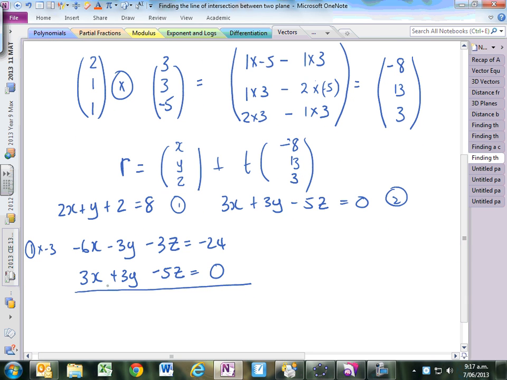So now if I add those two together, I'm going to get minus 3x minus 8z equals minus 24. Well, that's kind of neat, isn't it? Because divide the whole thing. Oh, no, we actually can't. You saw the 8 and the 3 and thought, 24.